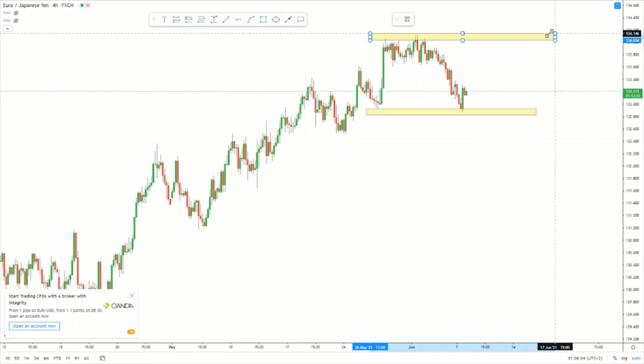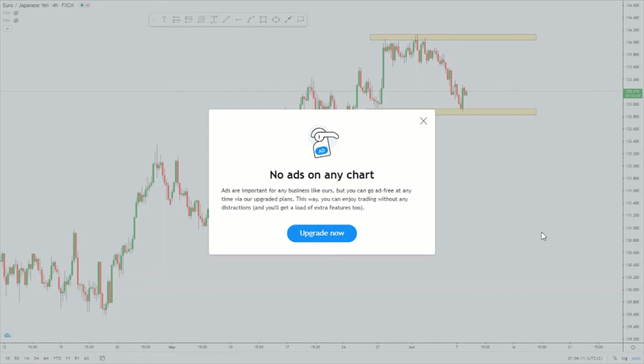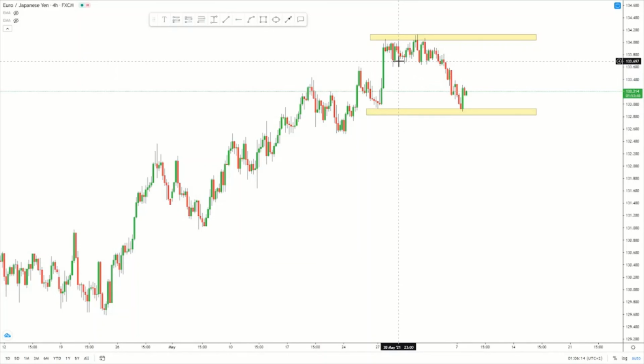So it seems that all these pairs are ranging. There's not quite a structure at this point in time. We do know it's bullish, but we do know that these pairs are ranging as well. So a potential trade for us to take. I see another level right over here.